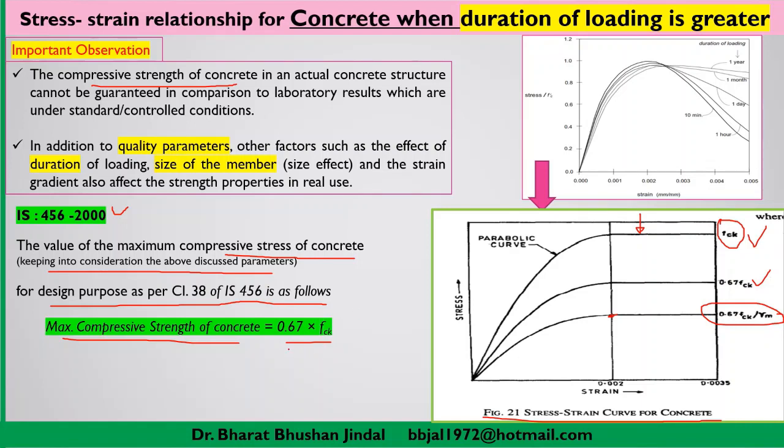So you have to multiply it by 0.67, and whatever value you get will be the maximum value of compressive strength of concrete which you can use while designing the structures. Later on, when we go through the design philosophy, we will understand what this third curve belongs to. Thank you.